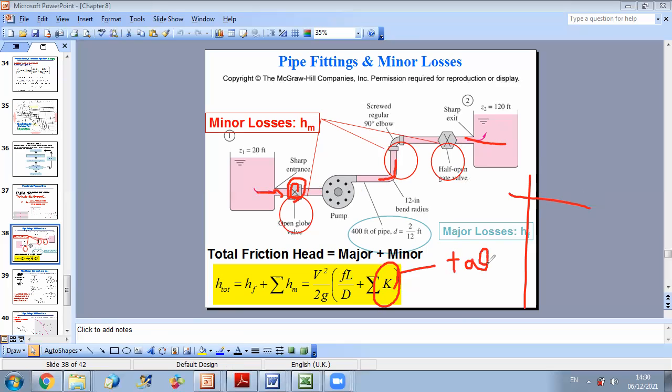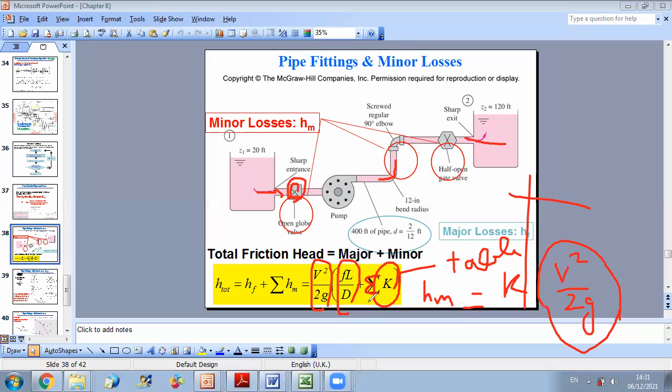And once you get K from the table, for a certain fitting, the minor loss is K times V square over 2g. Okay. So now, because both major losses and minor losses are multiplied by V square over 2g, then you can take V square over 2g as a factor, and inside you have fL over D, which considers the major losses, plus the summation of coefficients related to minor losses.